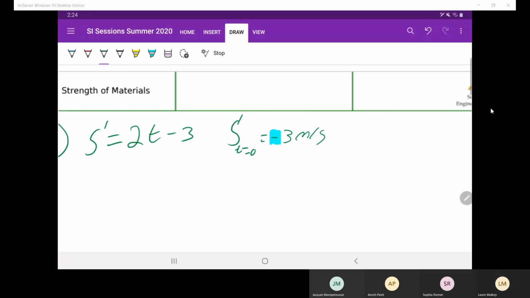Okay. So essentially, we want to know when this equation changes from negative to positive, when this velocity changes from negative to positive. How can we solve for that?